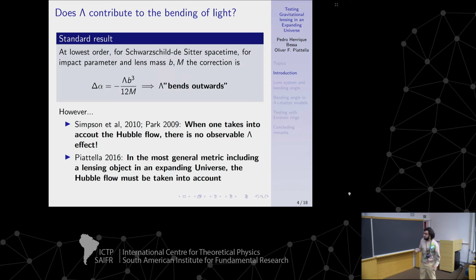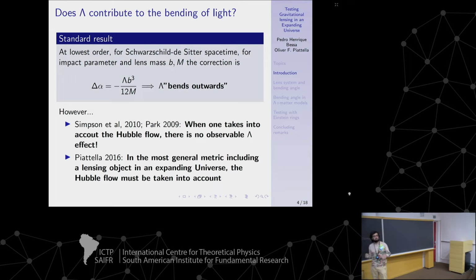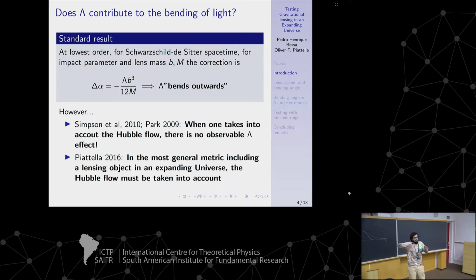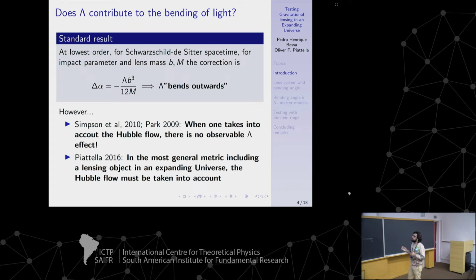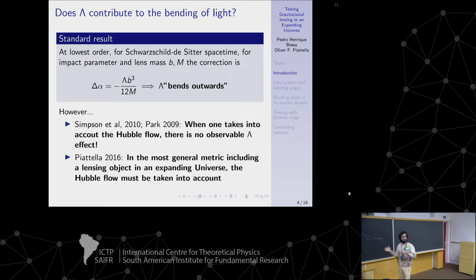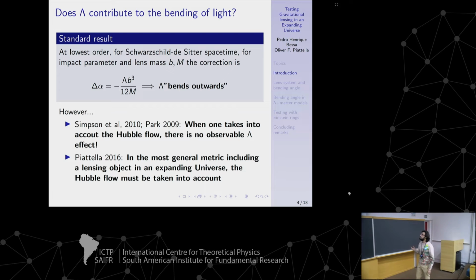That is, you have an effect of the cosmological constant kind of de-bending the lensed image, because usually gravity, of course, focuses the image of the source object. And actually, lambda has the opposite effect, right?